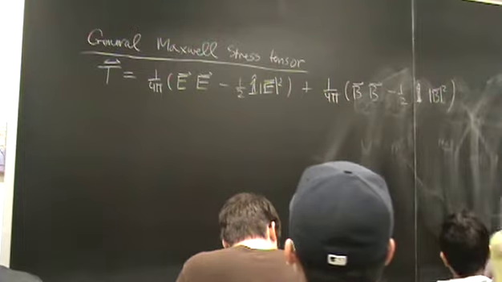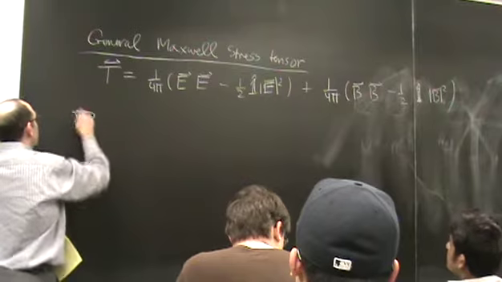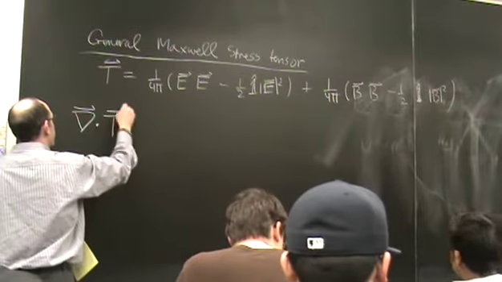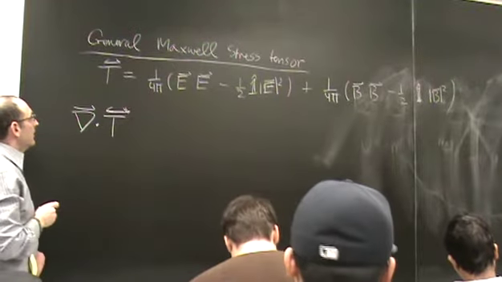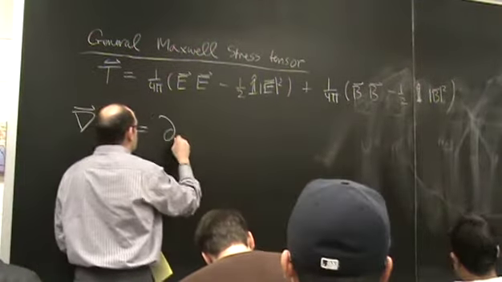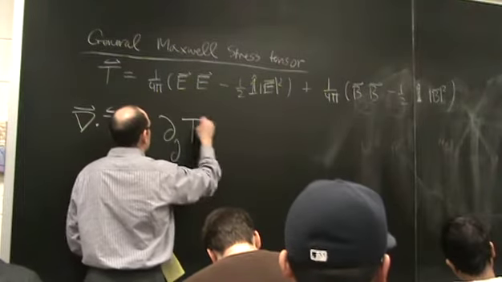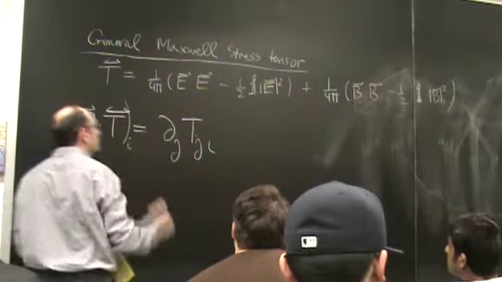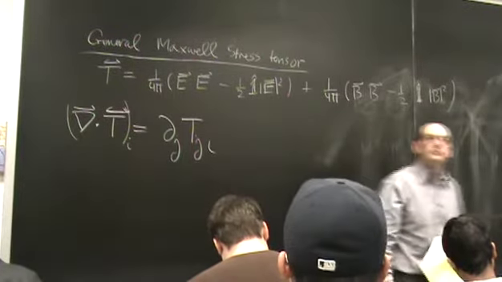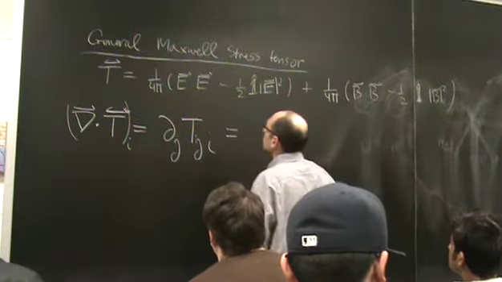So let's consider then the flux of this thing, or locally the divergence of this thing, which is partial j T_ji. This is the ith component of this. So what do we got here?